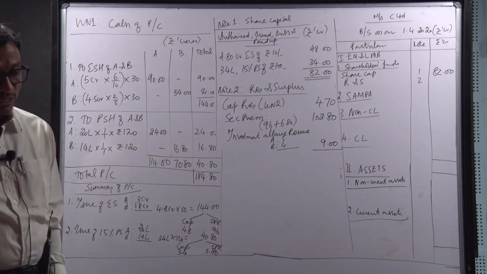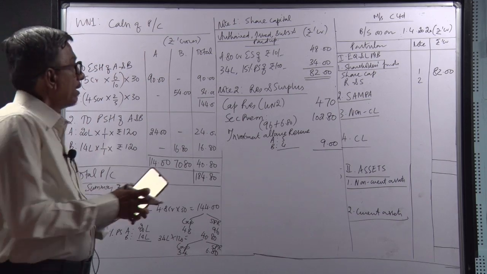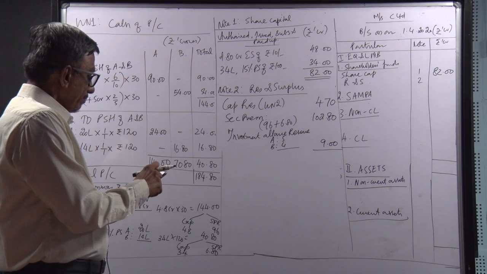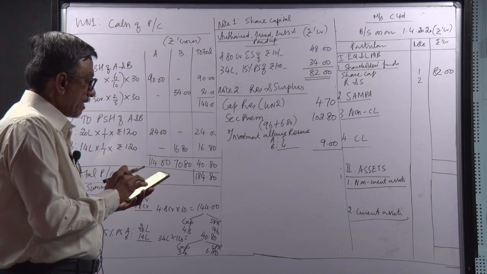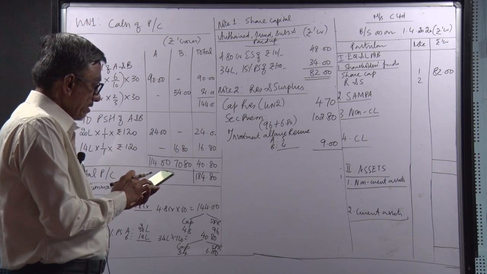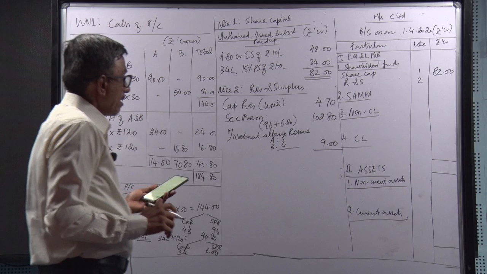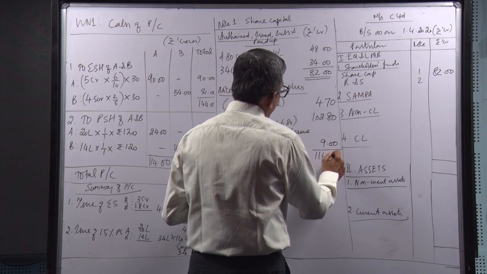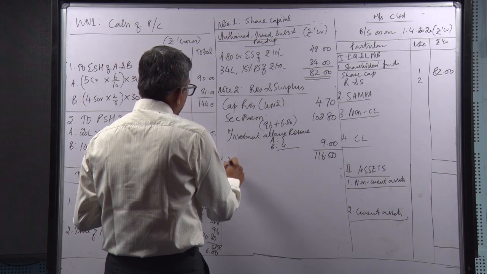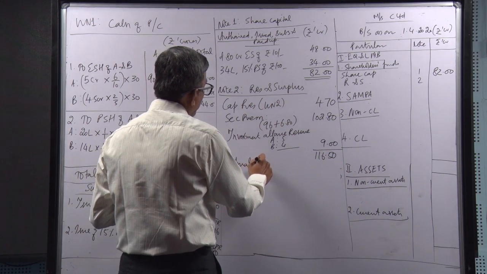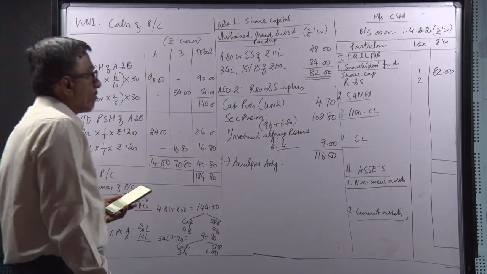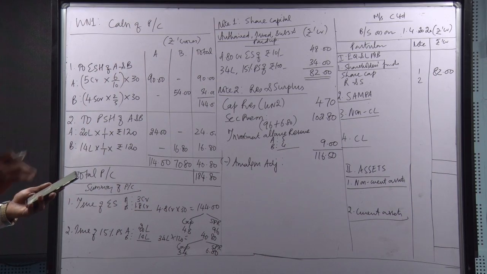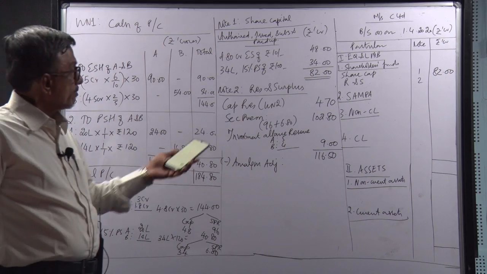Therefore, what is the total of reserves and surplus? 4.7 plus 102.8 plus 9, 116.5, minus amalgamation adjustment. Remember, I told you this in the beginning. When the statutory reserves of the vendor company are brought in the books of the purchasing company, you have to make an entry, amalgamation adjustment account debit to investment allowance reserve.